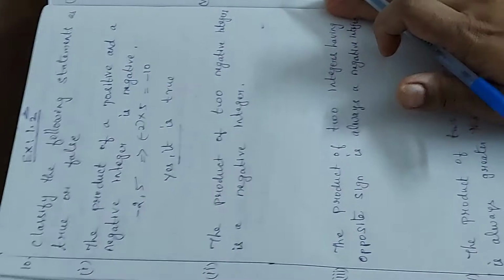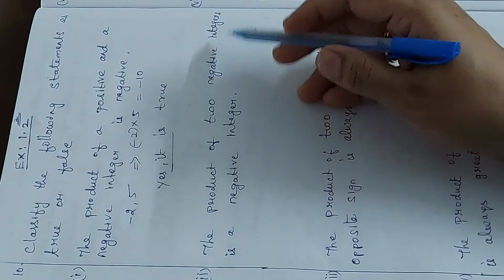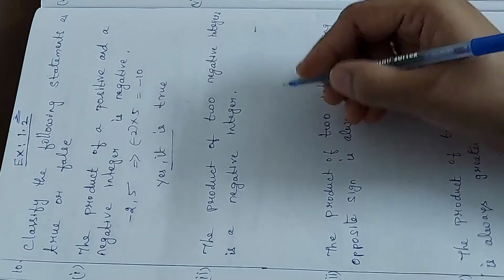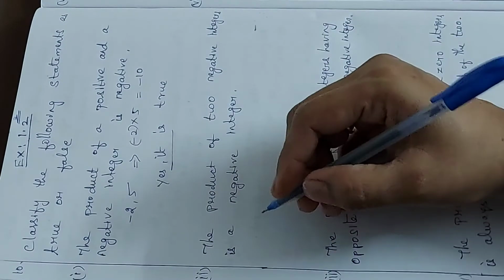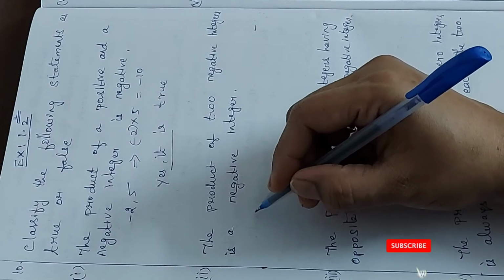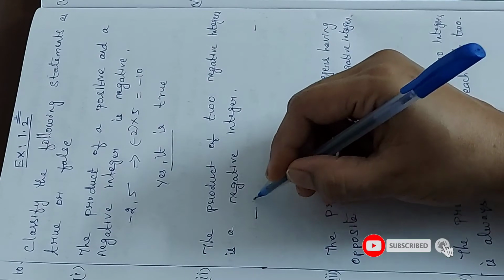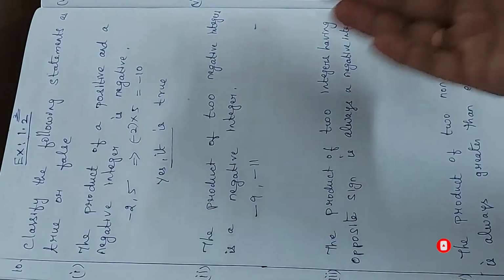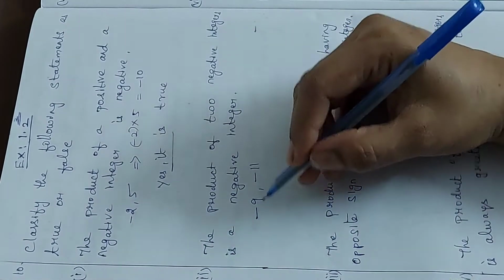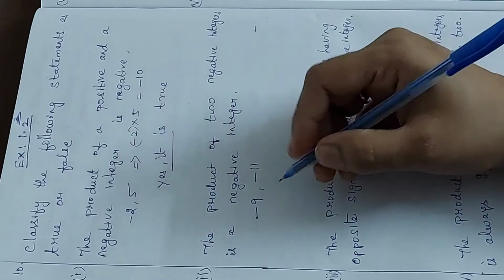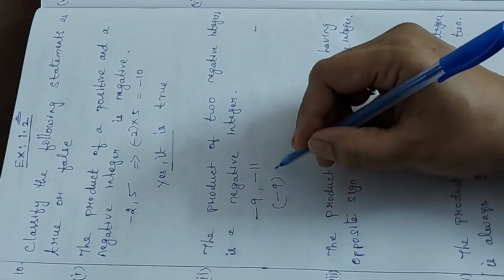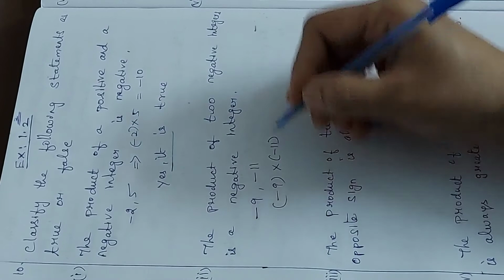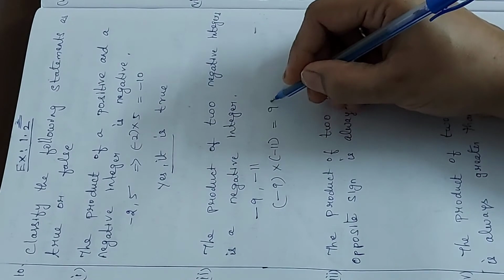Then the second subdivision: the product of two negative integers is a negative integer. If I take two negative integers, let us suppose minus 9 and minus 11, their product will be minus 9 multiplied by minus 11, so I will get plus 99.